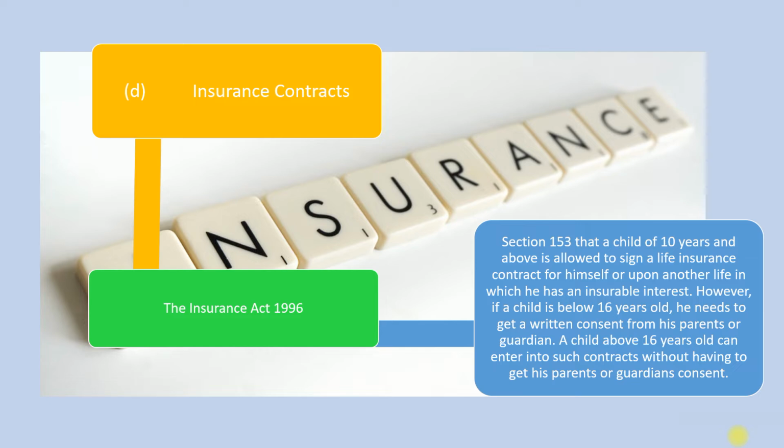However, if a child is below 16 years old, he needs to get written consent from his parent or guardian. A child above 16 years old can enter into such a contract without having to get his parent's or guardian's consent. So all in all, a child or minor below 18 can enter into an insurance contract.